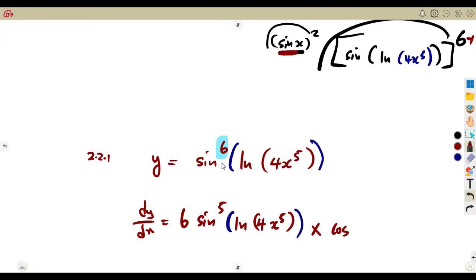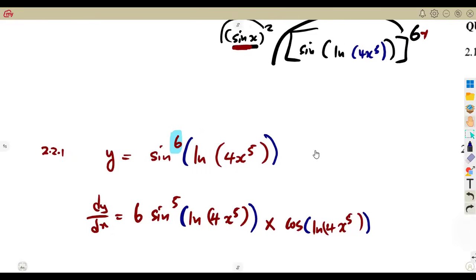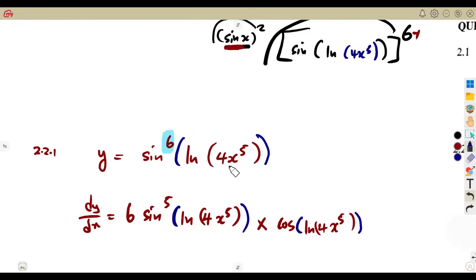So it will be cos of what is inside, not the power, just the cos of this. Which means we've got cos of the ln of 4x raised to the power of 5, like this. Then, because we also have a ln, the derivative of that ln is needed, since the sine has a term inside. It is not just like x. This is a normal term, so you're supposed to find its derivative now. That will be the final case.